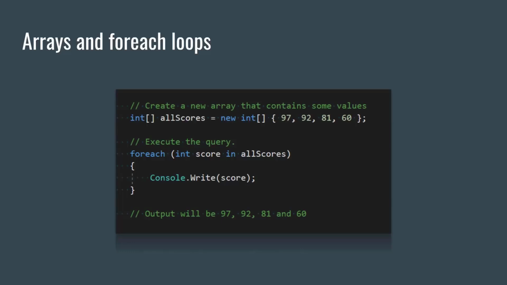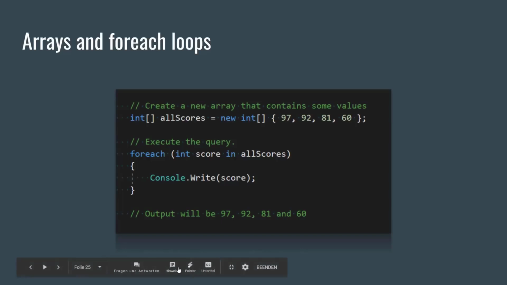It's just the keyword for each, then you have the data type of the array. So you can see here we're using int, and the data type of the array is also int. So we say int score in all scores. So we just say, okay, this score integer should be that particular value that we're currently looking at within the all scores array.